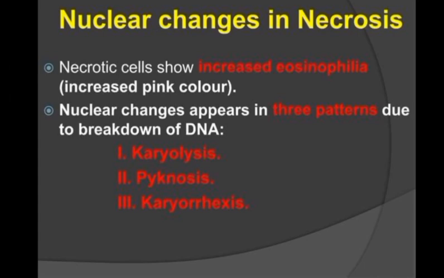There is a difference between necrosis and apoptosis. In necrosis, the cell gets swollen and dies, whereas in apoptosis there is shrinkage and death. Irreversible cell injury occurs due to prolonged and severe cell injury.